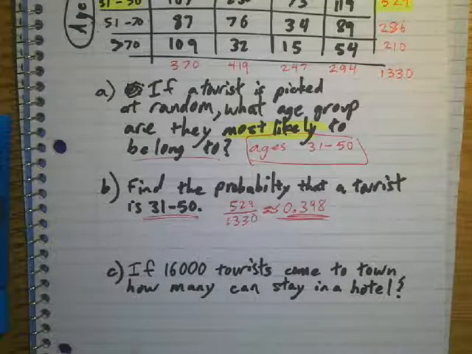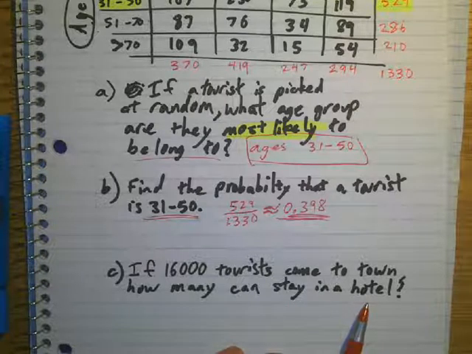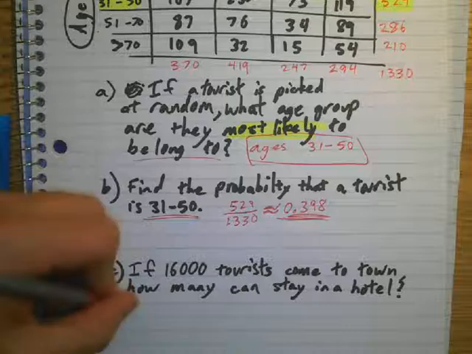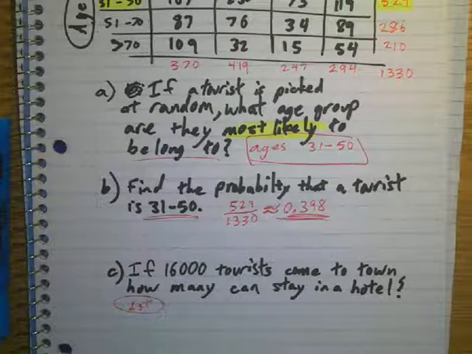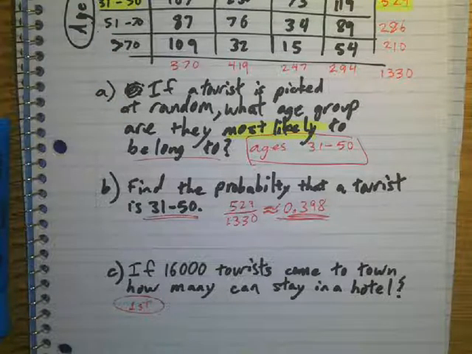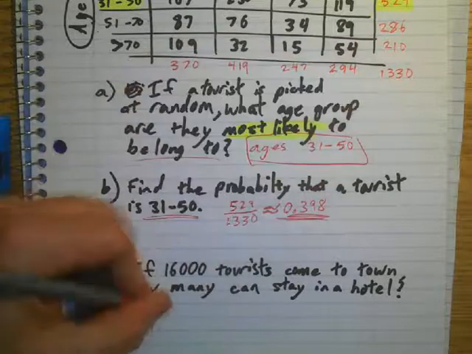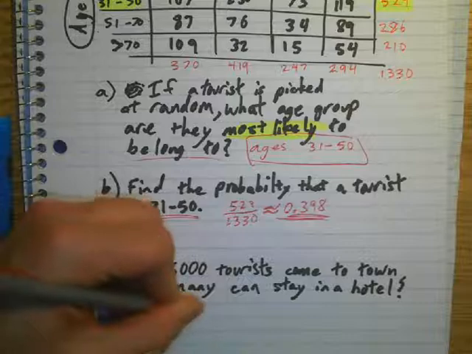Okay, last question. If we have 16,000 tourists that come to town, how many of them are going to stay in a hotel? Okay, so first, we need to know how many people are staying in the hotel. And we need to figure out the probability. What is the probability of staying in the hotel?